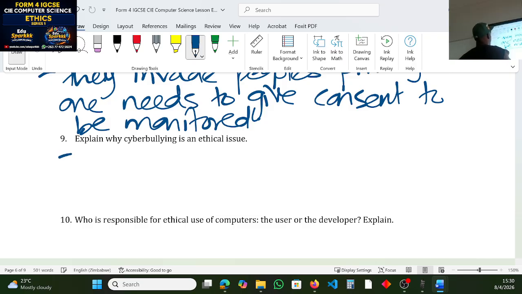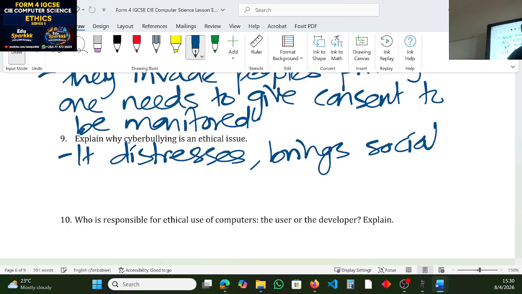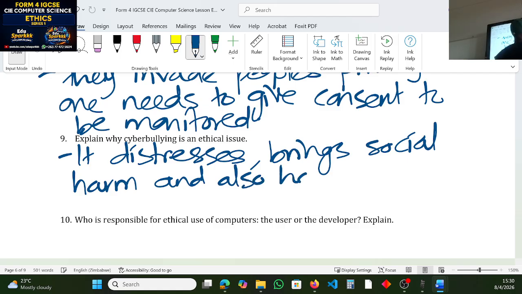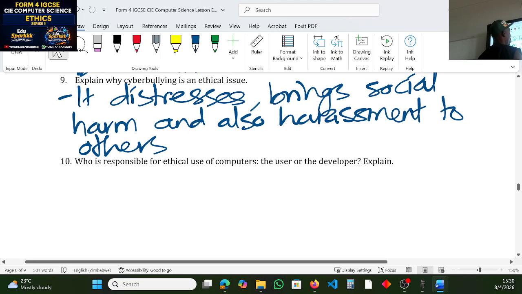Like we said, it brings distress, social harm, and also harassment to others. So that's unethical.